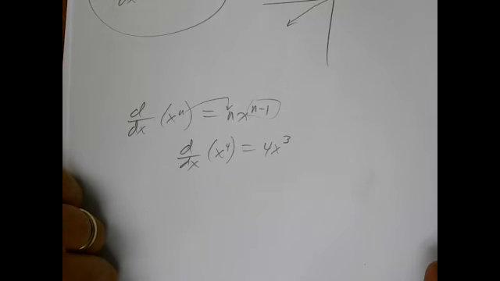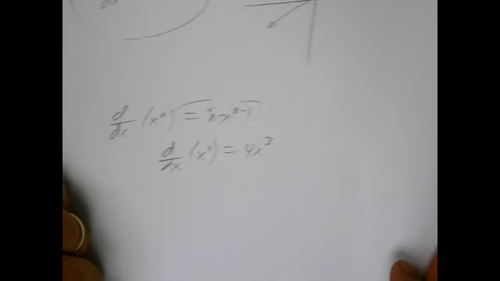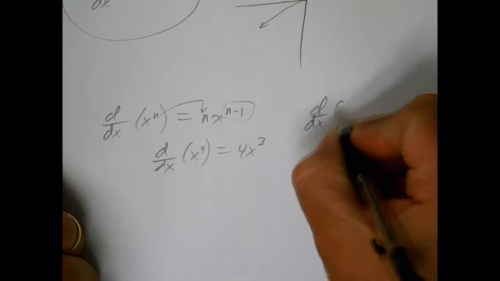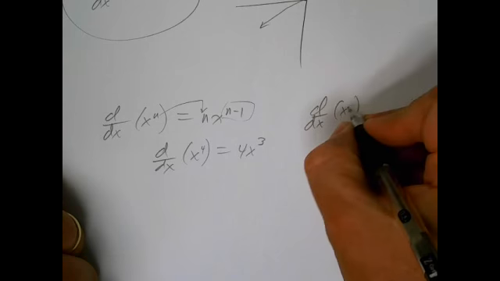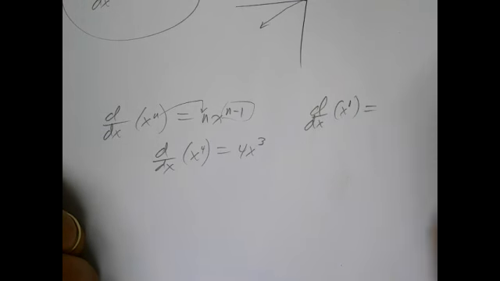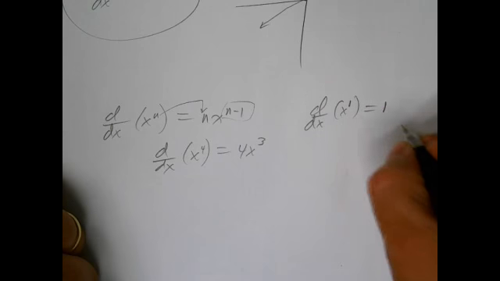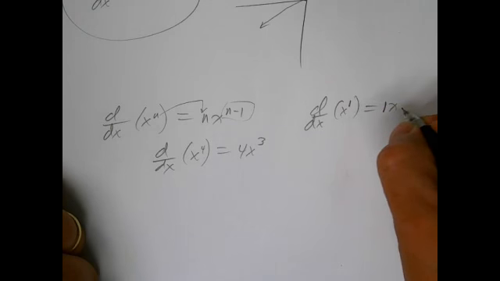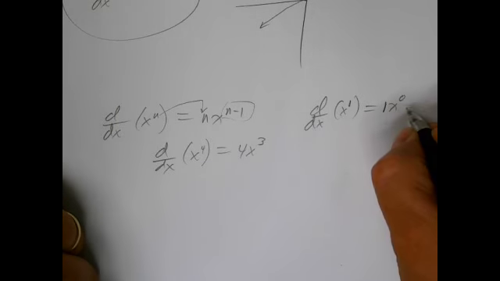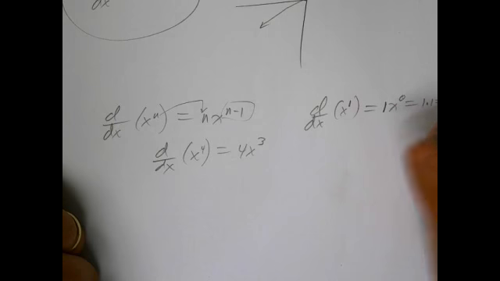This rule can be used in a lot of places, a lot more than what the book would often indicate. It can be used for our derivative with respect to x of x. If you remember that x is to the first power, this would simply say, bring the 1 out front, take the x down to the next lower power, which would be 0 power. x to the 0 is 1, and 1 times 1 is 1.